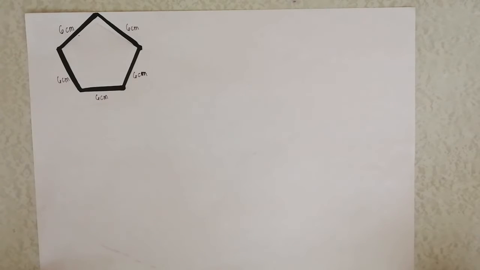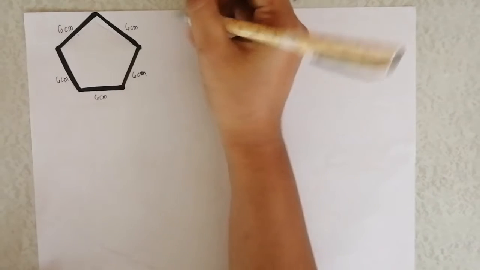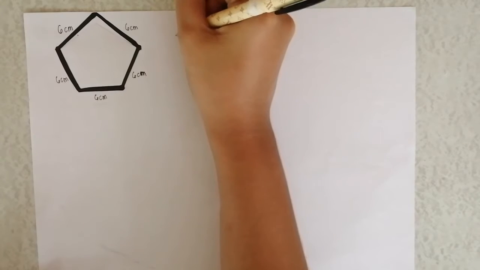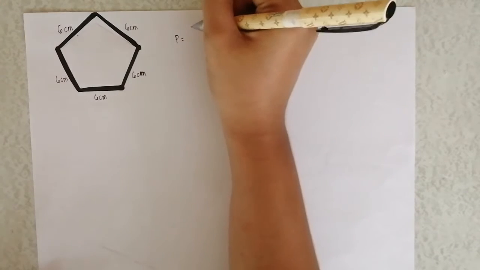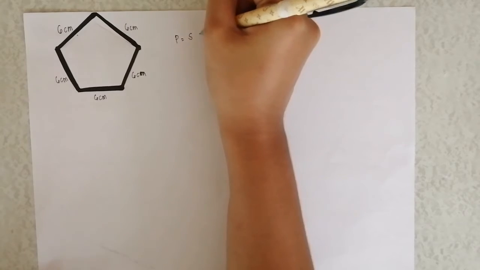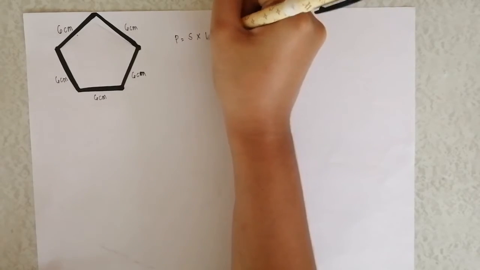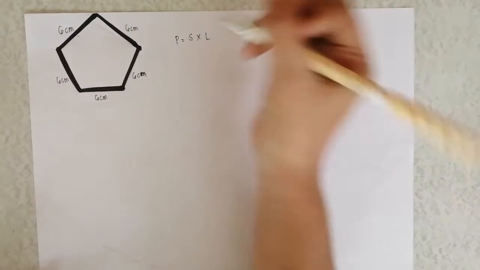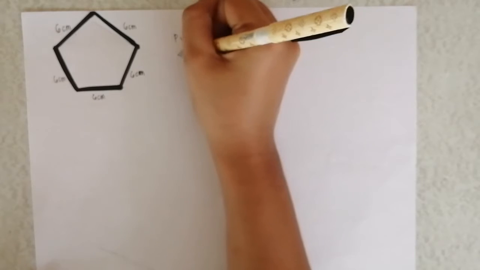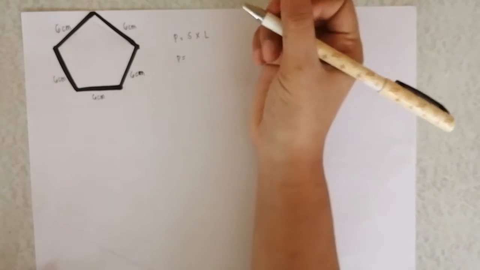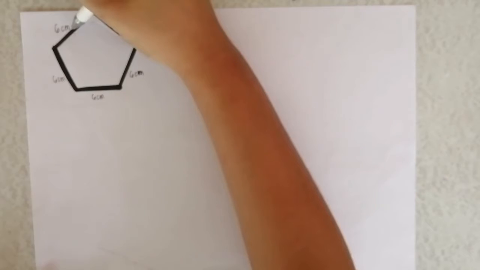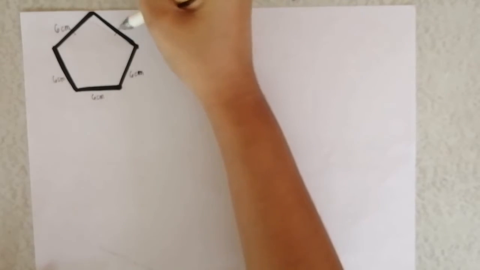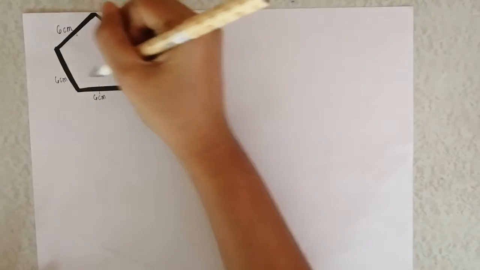To get the perimeter of this regular pentagon, we'll use the formula perimeter is equal to the number of sides times its length. So the number of sides of a regular pentagon: 1, 2, 3, 4, 5.